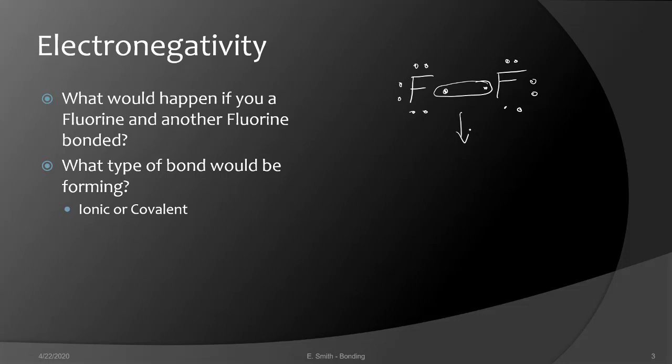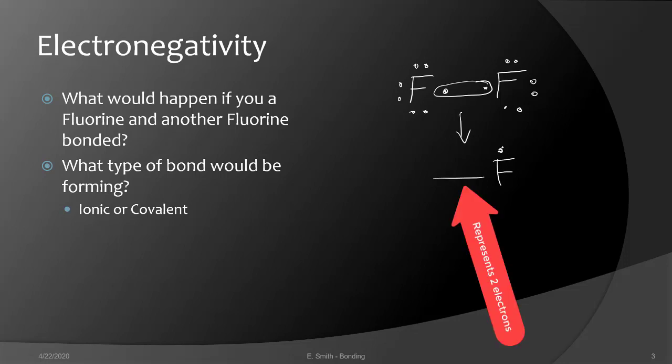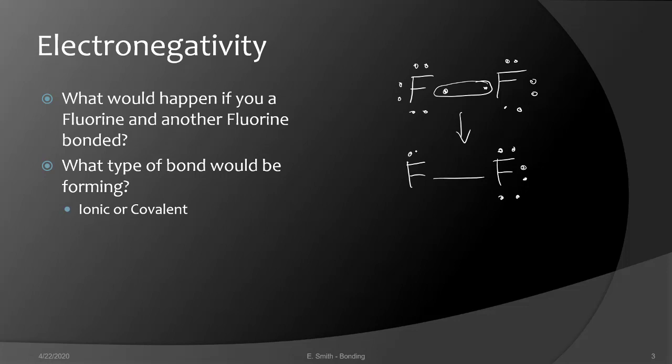And we can draw this in a different way so that we show a line that represents the 2 electrons that are being shared. And we will notice that we still have our lone pairs of electrons that are not being shared.